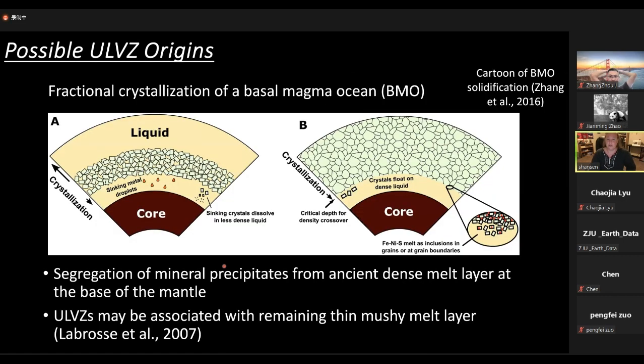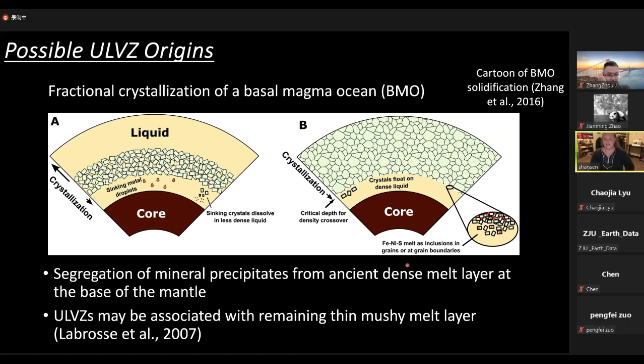Another idea that kind of falls under the umbrella of compositionally distinct material is the fractional crystallization of a basal magma ocean, or a BMO. And to illustrate this idea, I borrowed this from Dr. Zhang's 2016 paper. Just to clarify, though, that paper was focused on those large low shear velocity provinces that I mentioned earlier.